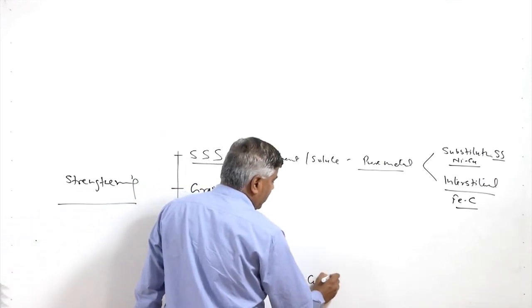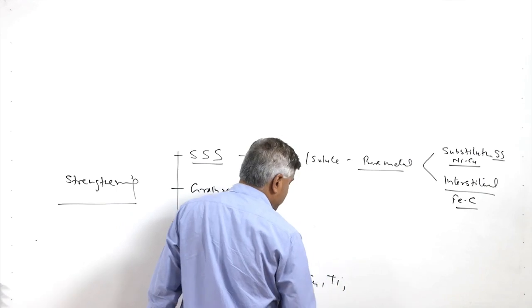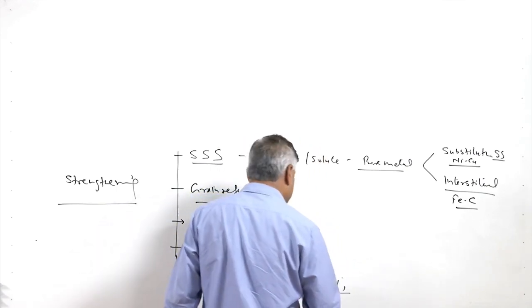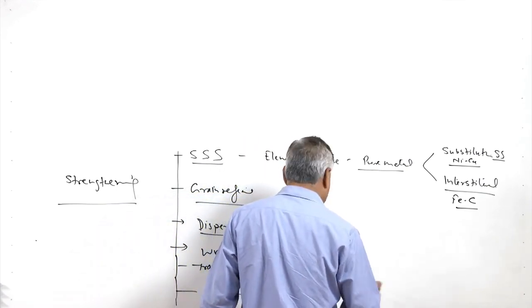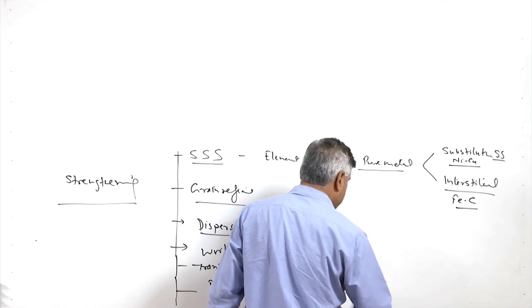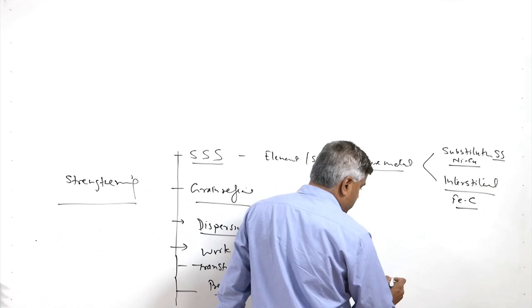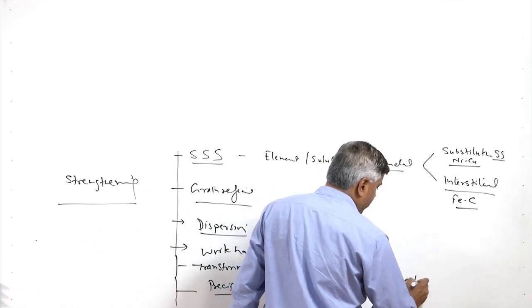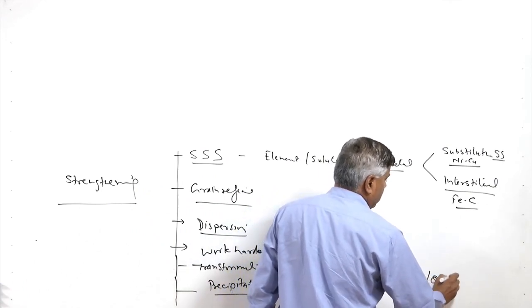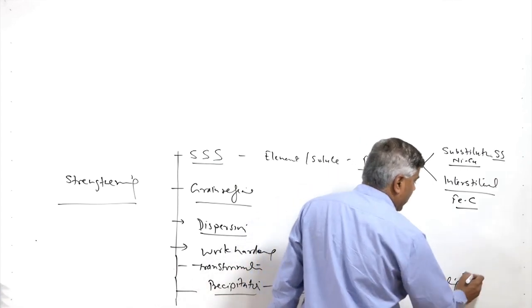Aluminum, copper, titanium, nickel systems, and magnesium also show the tendency for precipitation hardening. So, this also involves heating followed by quenching and then again aging.